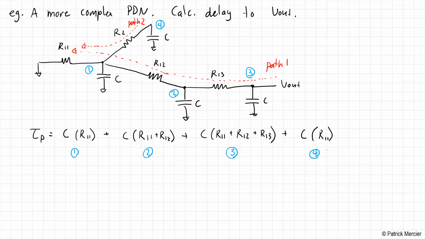We only care about the propagation delay to get Vout to discharge to VDD over 2. Now let's make a note here for your notes. This is the shared path resistance to the output.